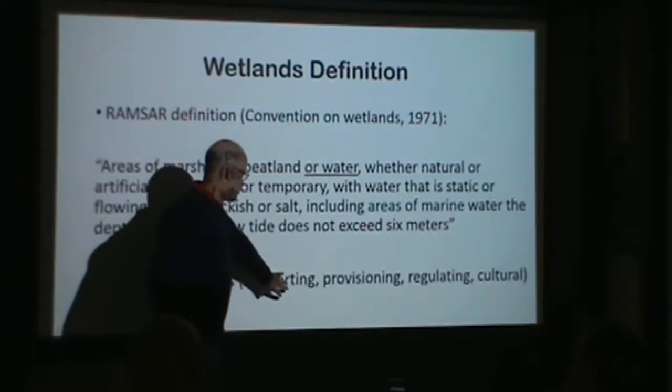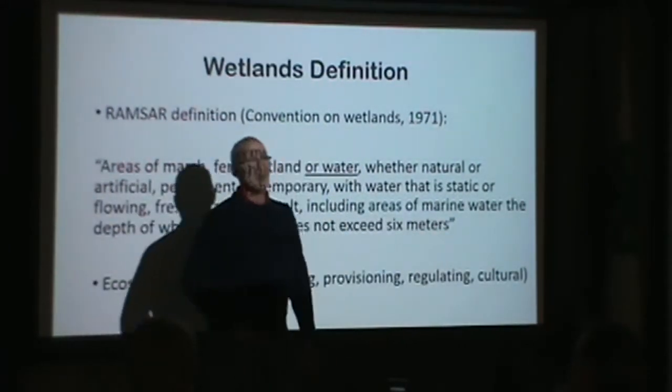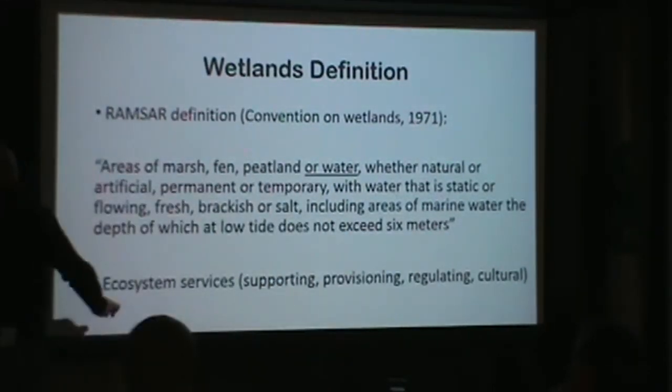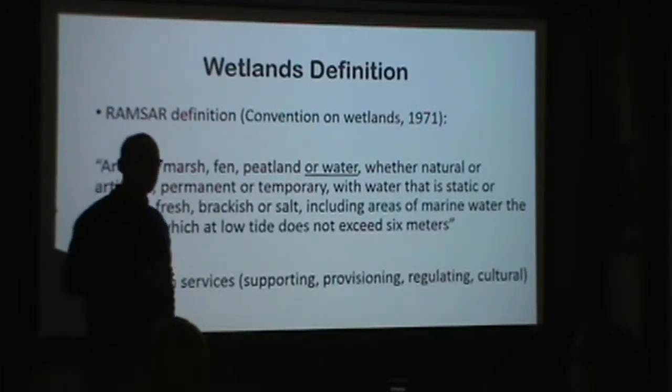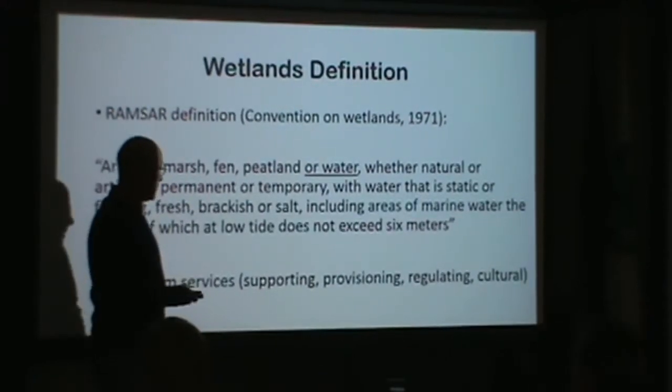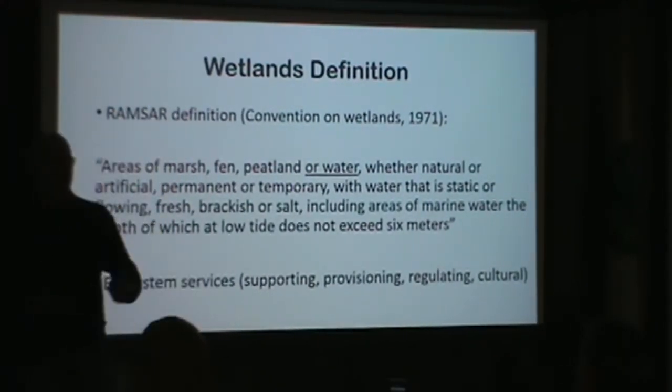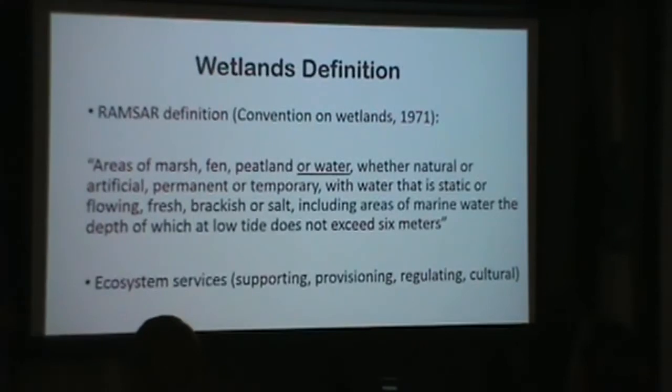So that's why they are called supporting, because they support the rest of the services. Provisioning services of wetlands: fish. Wood, if we're talking about a wetland that has mangroves in the tropics, wood is used for something. Fresh water, if we're talking about freshwater wetlands, clean water. So wetlands can provide fresh water.